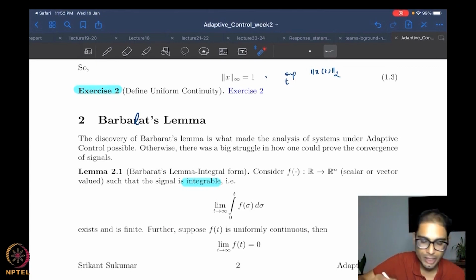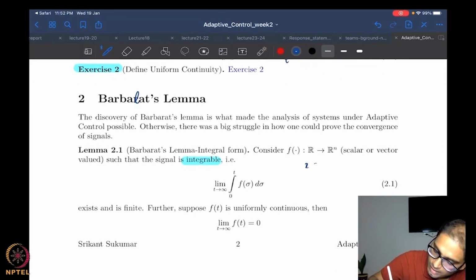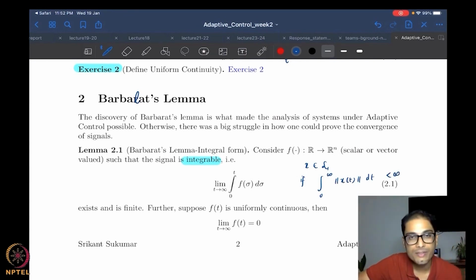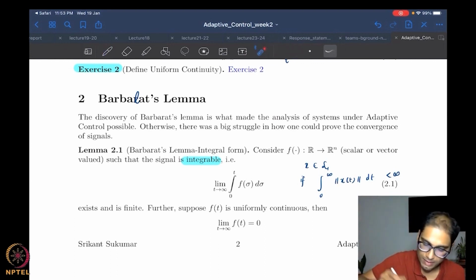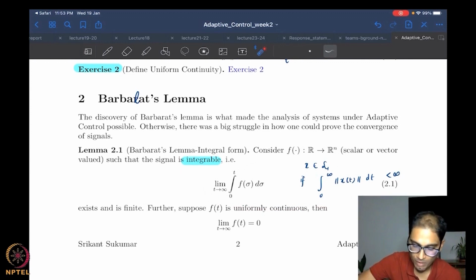When do I say that a signal is L1? I say x is in L1 if the integral from 0 to infinity of the norm of x(t) dt is less than infinity. This is the notation, that is, it exists and is finite. So they look very similar, right? Not exactly the same but similar.